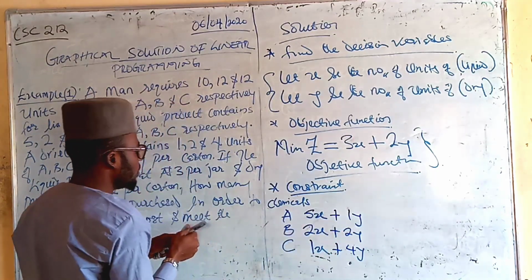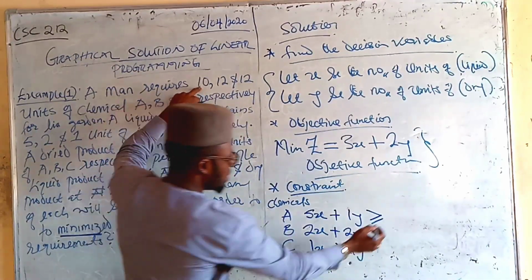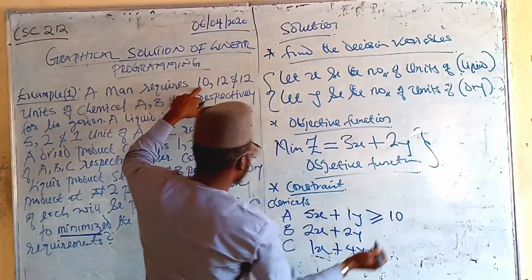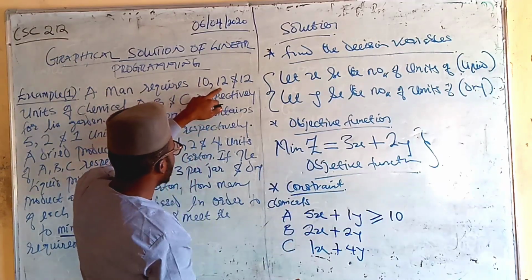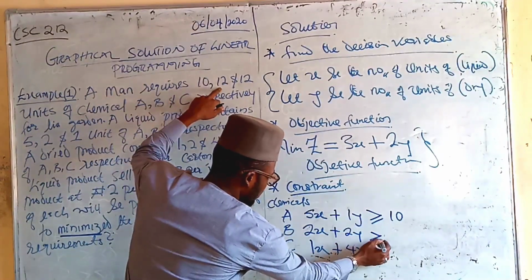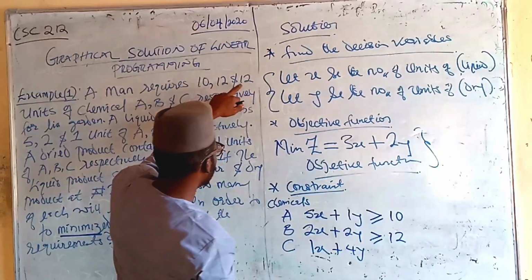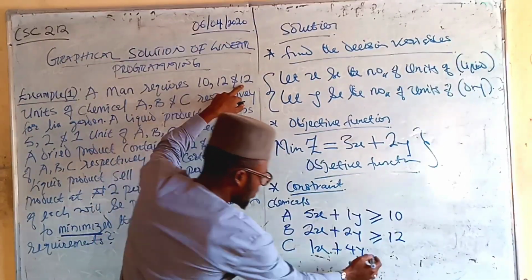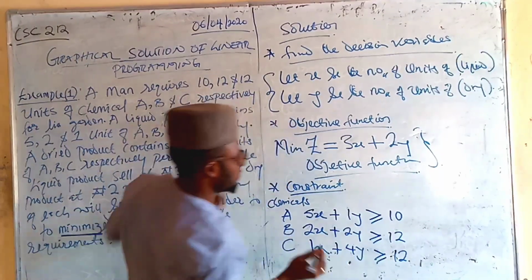Then they must be what? Greater than or equals to 10. This is for chemical A. Then for chemical B, it must be greater than or equals to 12. Then for chemical C, it must be greater than or equals to 12 respectively.